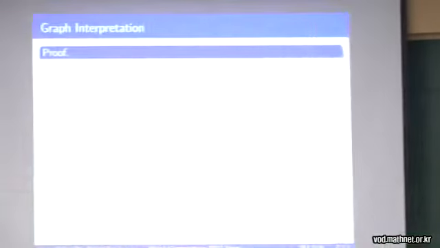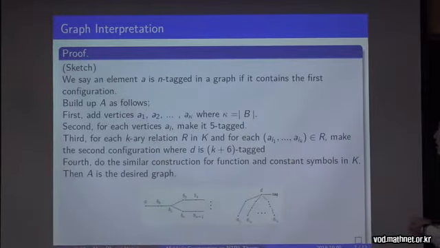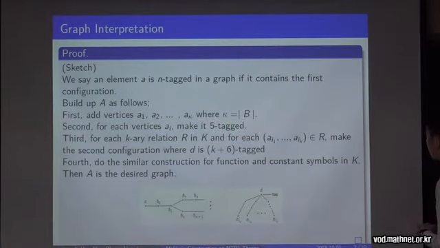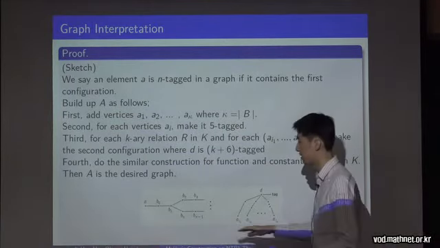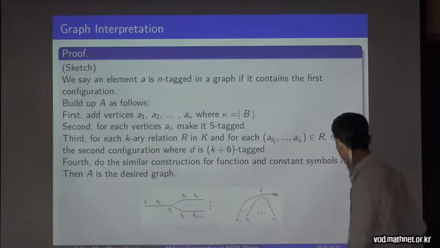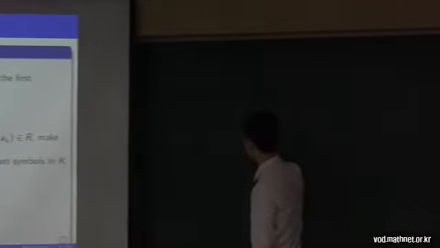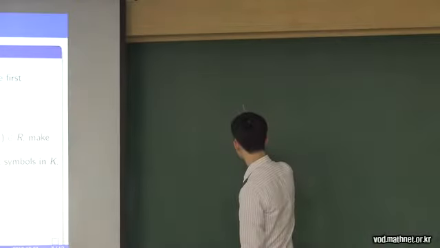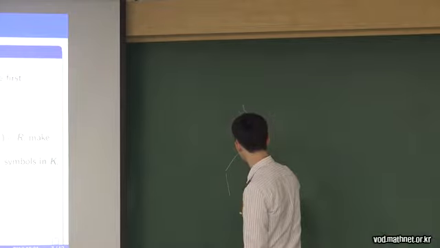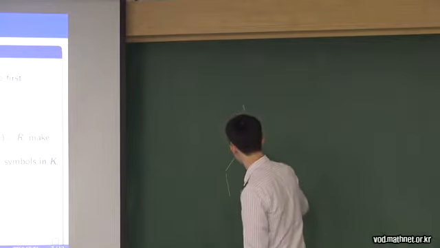So this is the sketch. First, we define the tag. We say an element A is n-tagged in a graph if it contains the first configuration, which means this one. You have A, then the tag means this one.